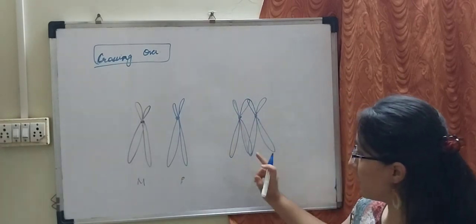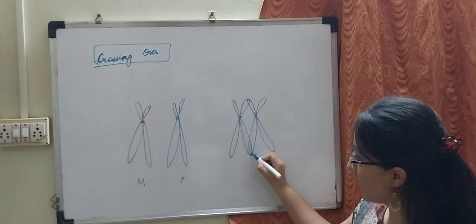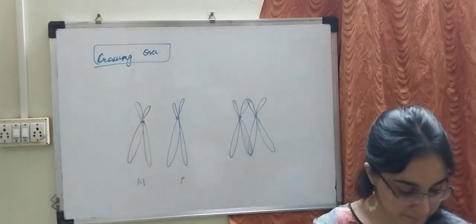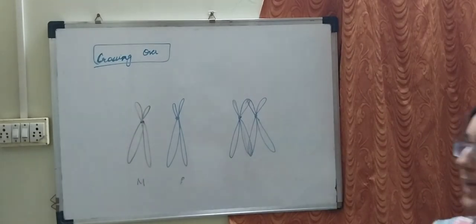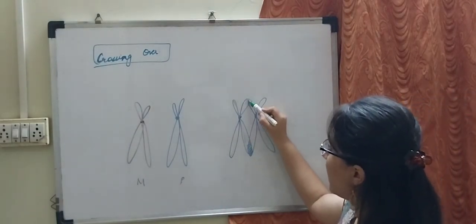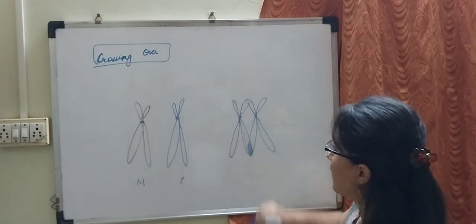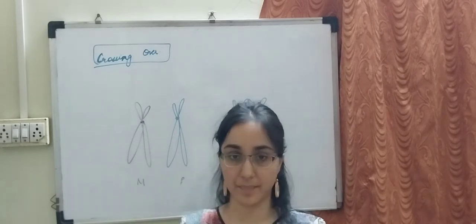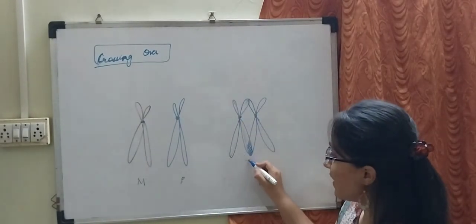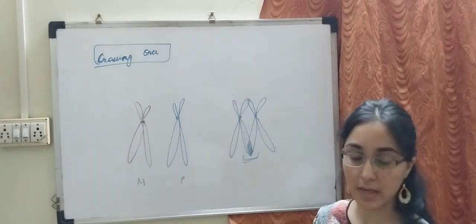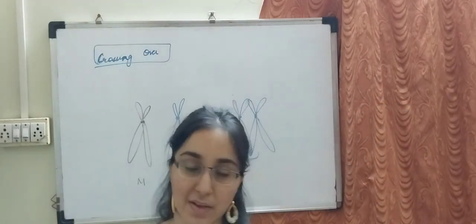If you can see, both the chromosomes are coming and attaching to each other. I have shaded the part which is getting attached. So they are attaching here, and they have held each other. The holding will be on this side, not on this and this side. Suppose I am here and my friend is here.